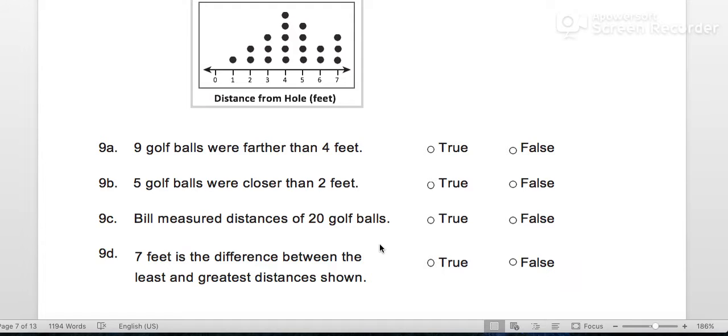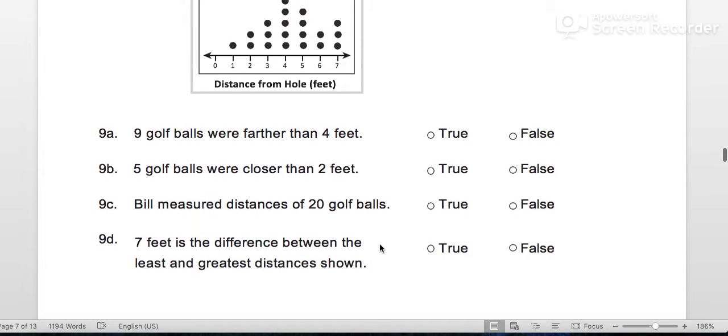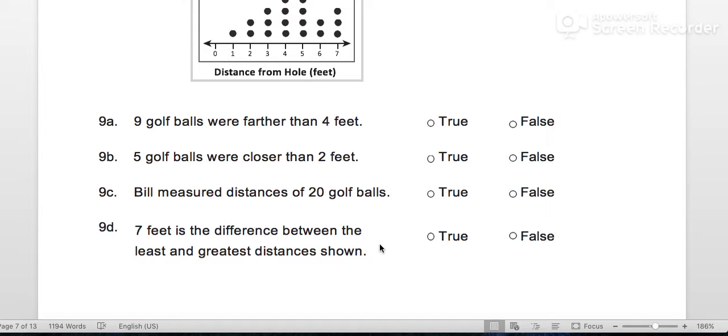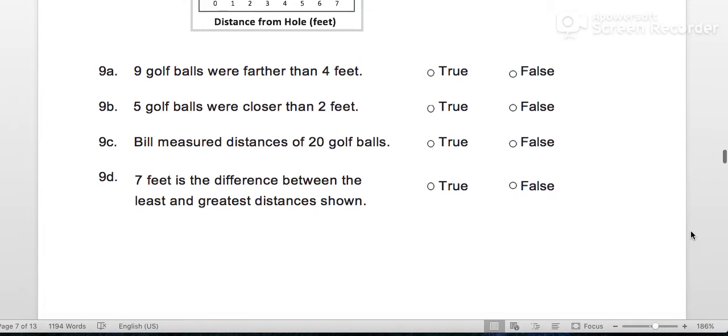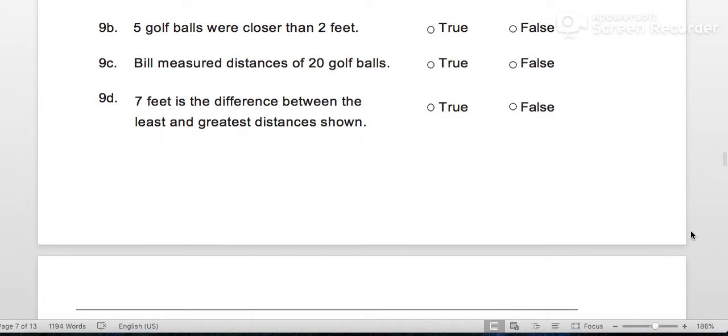Bill measured distances of 20 golf balls. So this is asking to count all of the balls that Bill measured. Was it 20 or was it less? You're going to figure that out and answer true or false. Maybe it was even more than 20. I'm not sure. You'll have to find out. 7 feet is the difference between the least and greatest distances shown.